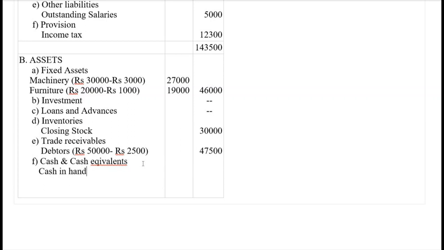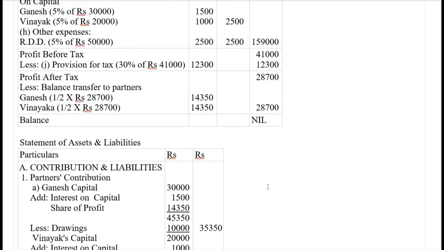So it is given as rupees 20,000 there. 20,000. So now the sum of this will be 1,43,500. So this is how we need to calculate here.